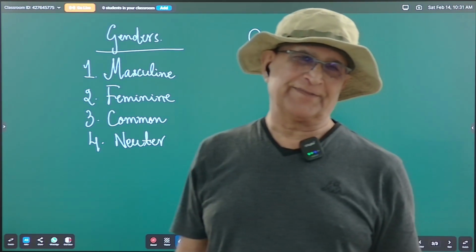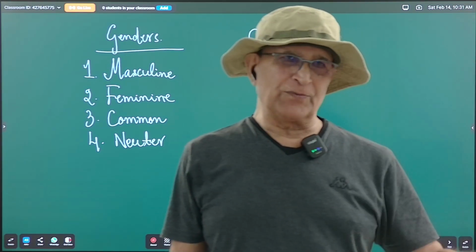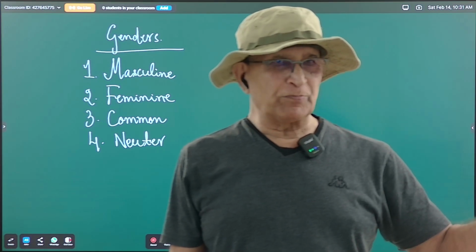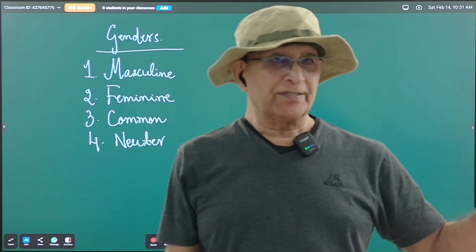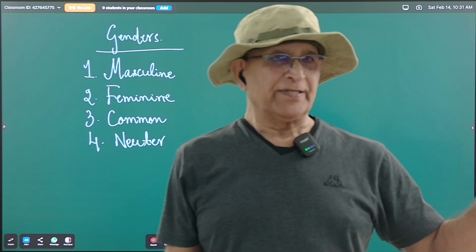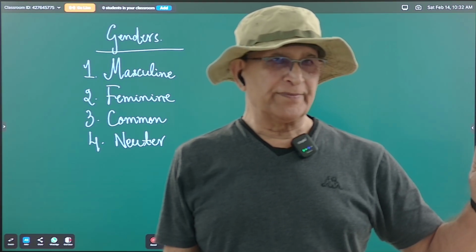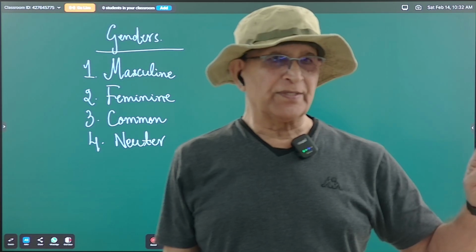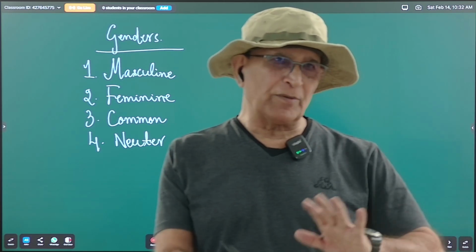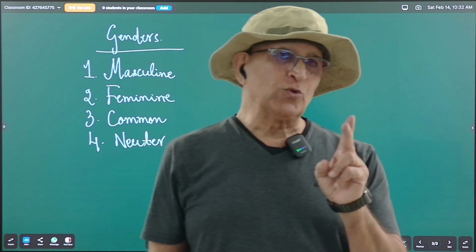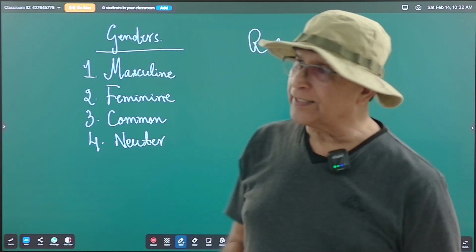Four genders. Classification of noun, I have taught you first. Old classification: proper noun, common noun, collective noun, material noun, abstract noun. According to modern grammarians: proper noun, common noun, countable noun, uncountable noun. This is all about the classification. And now, numbers, two numbers, singular and plural.